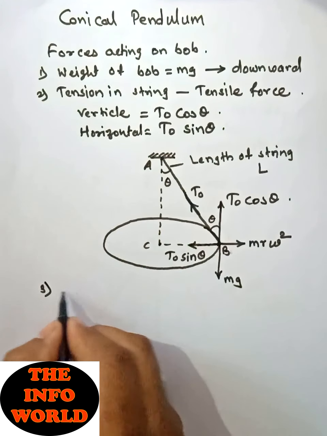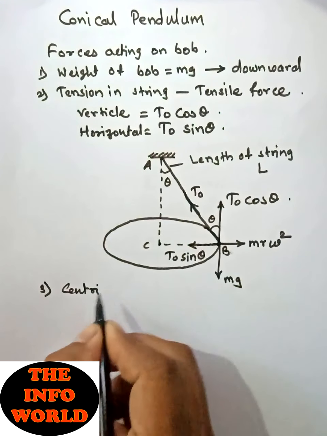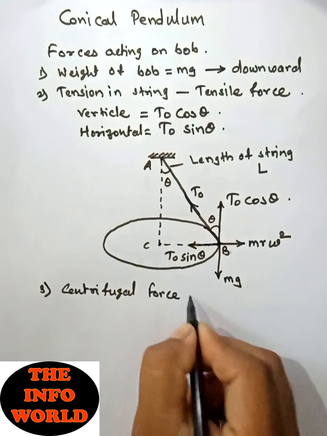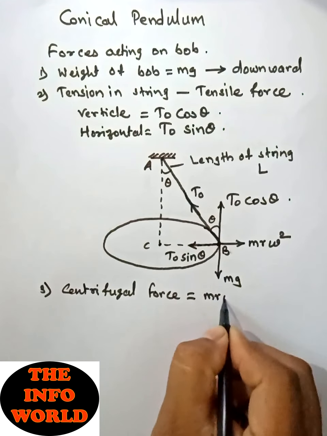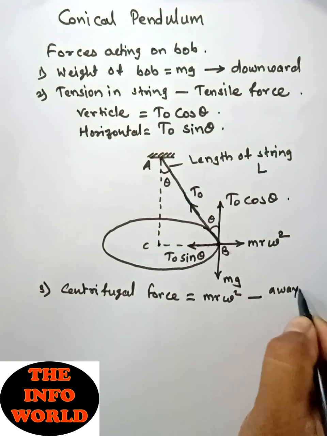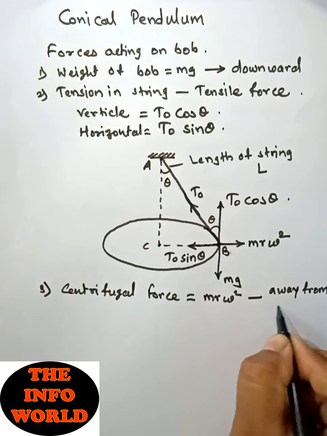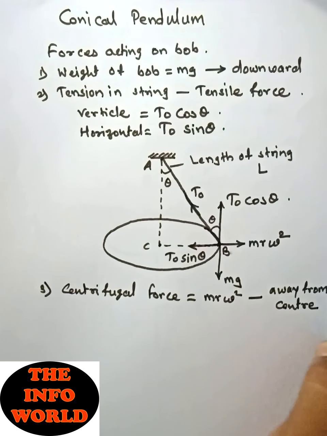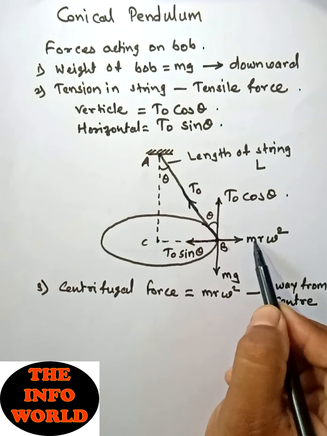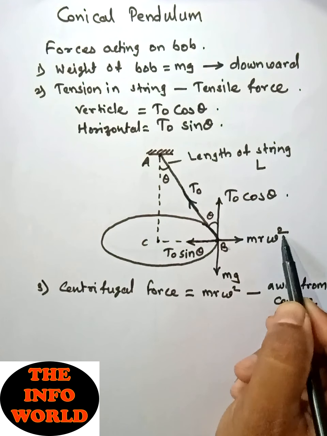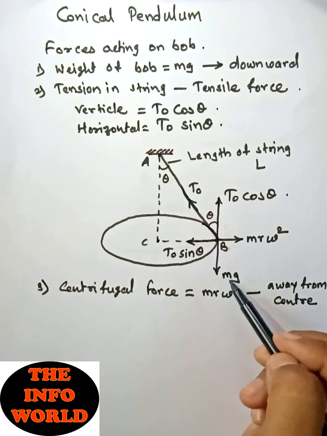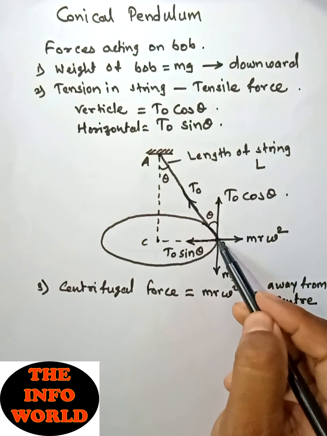The third force is the centrifugal force, which is equal to m r omega square, acting away from the center. Now from the figure, T0 sin theta will balance m r omega square and T0 cos theta will balance the weight of the bob.